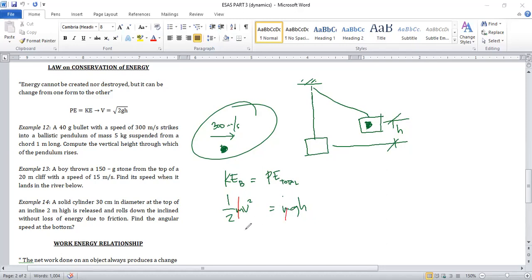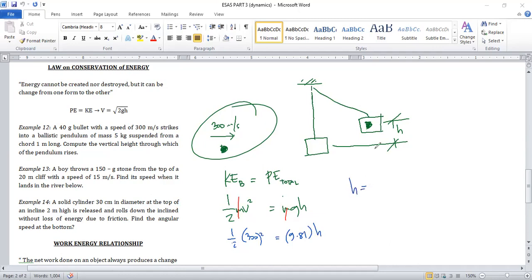and then we have one half multiplied by 300, so that is 9.81 multiplied by h.